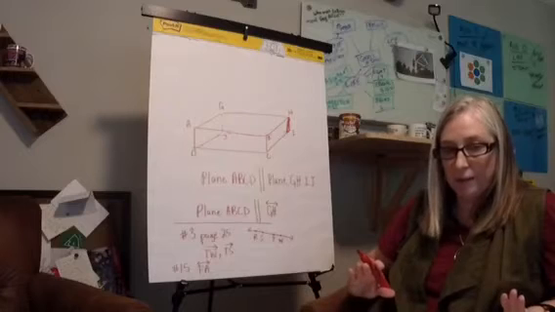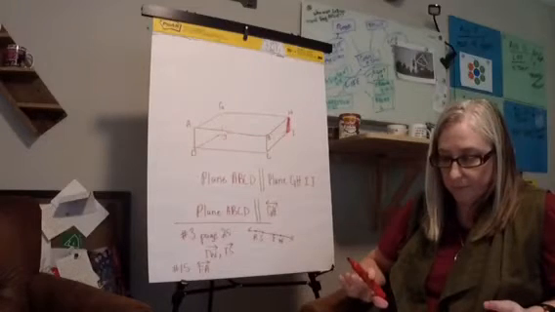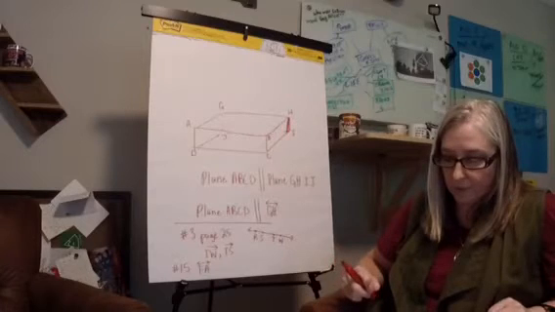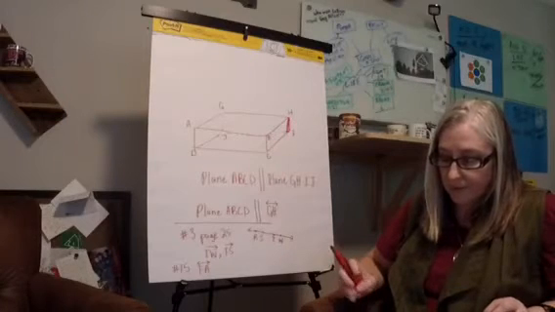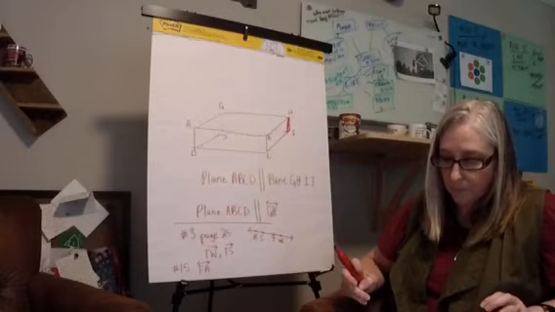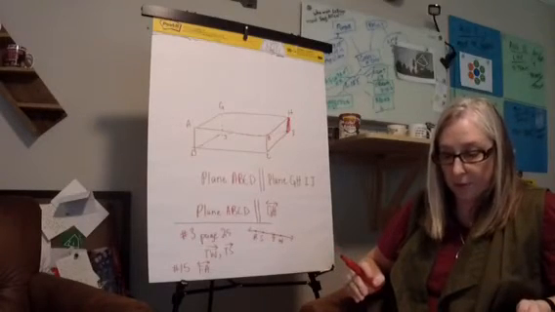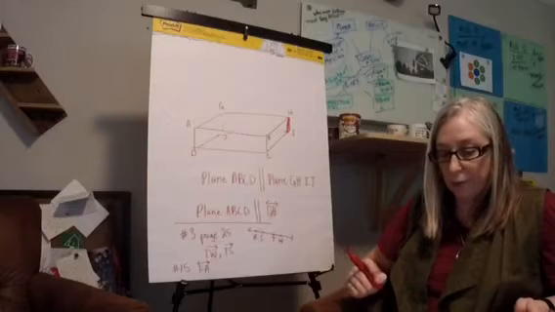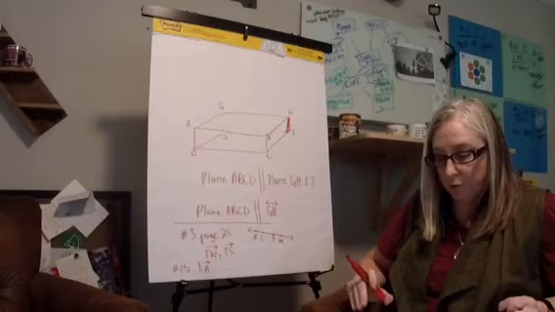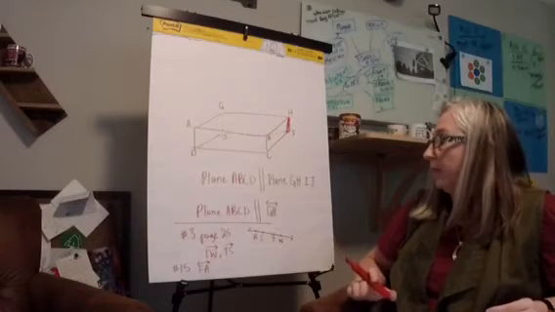Okay, finally, let's look at quick check 3, number 3, and let's look at that figure. They ask us to name the figures that they're going to ask about. So the first thing is 3 pairs of parallel planes. So you're supposed to be finding 3 pairs of parallel planes.